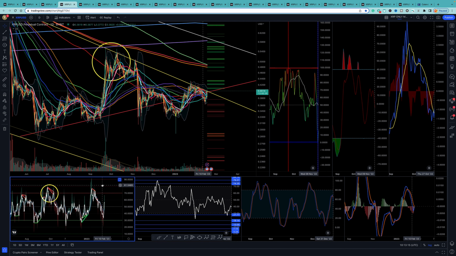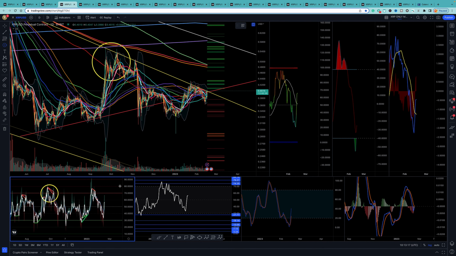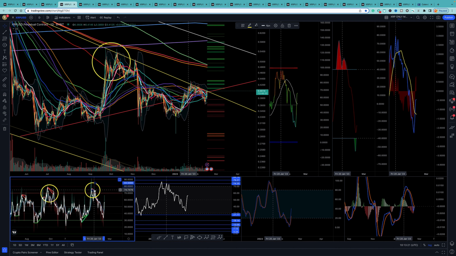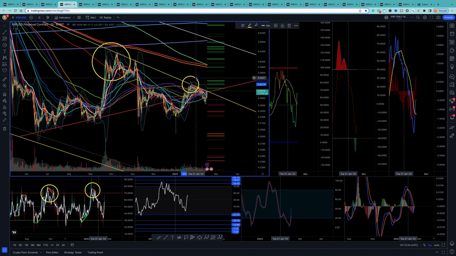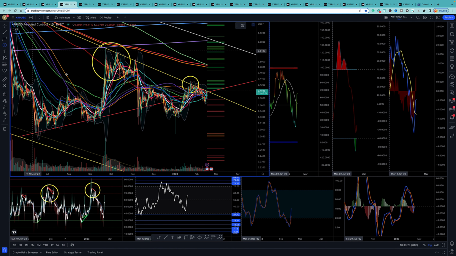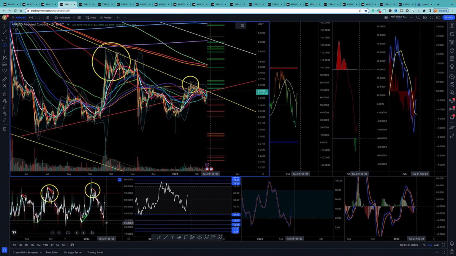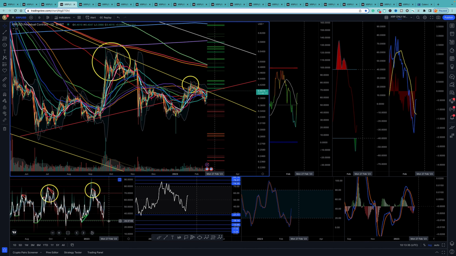So now, here we are here again. We've had the bearish divergence on the daily. We've had this sharp lift up here, and then the daily needs to drop.